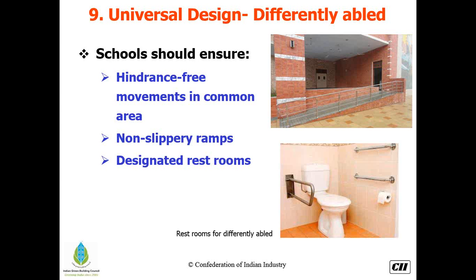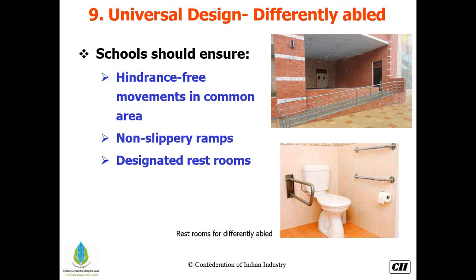So this is one of the important design themes we have to keep in mind when designing our new school. Please design it for everybody. Have hindrance-free movement for differently abled people. Hindrance-free means there should not be many steps at the main entrances, so that they can move easily.